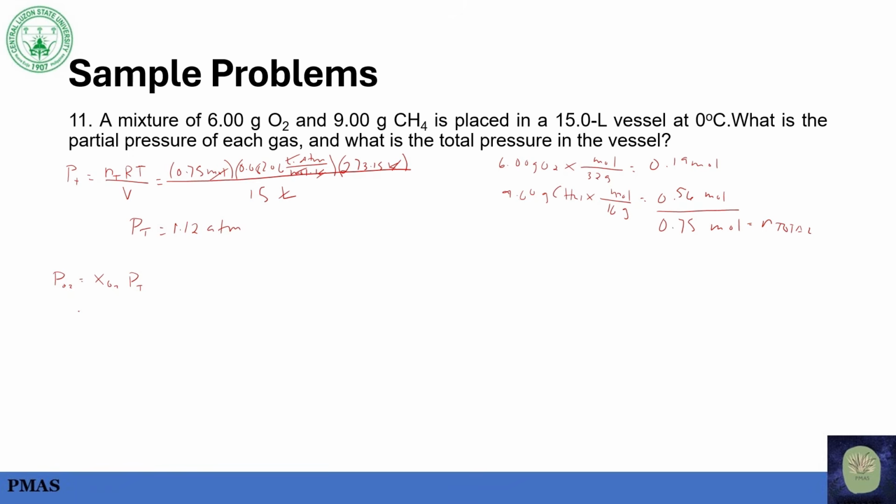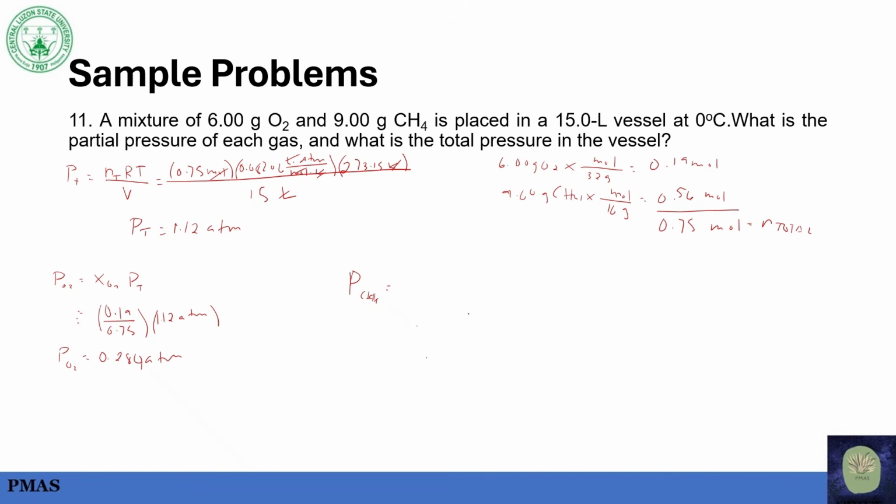The mole fraction of oxygen is the moles of oxygen, 0.19, divided by the total moles, which is 0.75, multiplied by 1.12 atmosphere. So the partial pressure of oxygen is 0.284 atmosphere.